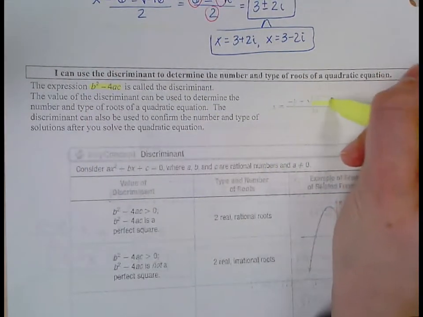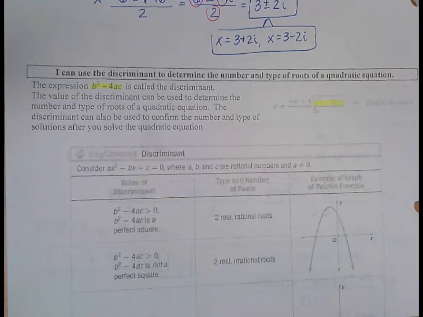So it's what is inside of the square root. And rather than using the whole formula to actually find your solutions, you can just find the discriminant, and the discriminant will tell you how many solutions you have and what type. So if you look back at the 4 examples I had you do, all have a different number and type of solutions. So we're going to go through this chart to explain that.